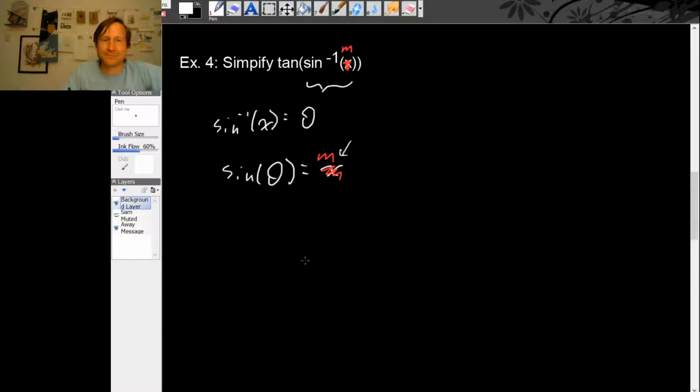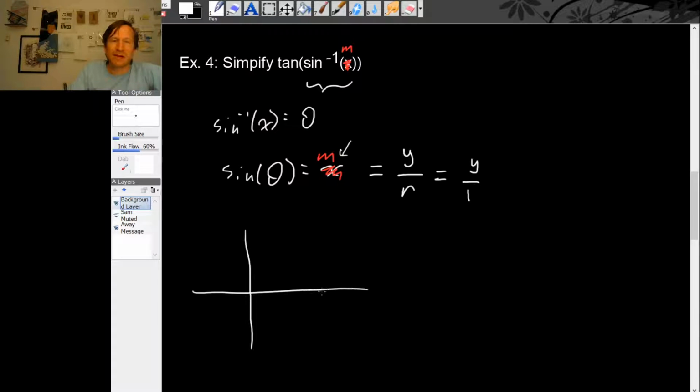Okay. So sine of theta, it's m, but usually we think of sine of theta as being y over r in a most important diagram. And we can choose any radius we want, so just to make things easier, why not choose radius 1? Okay, so we need to draw a most important diagram.